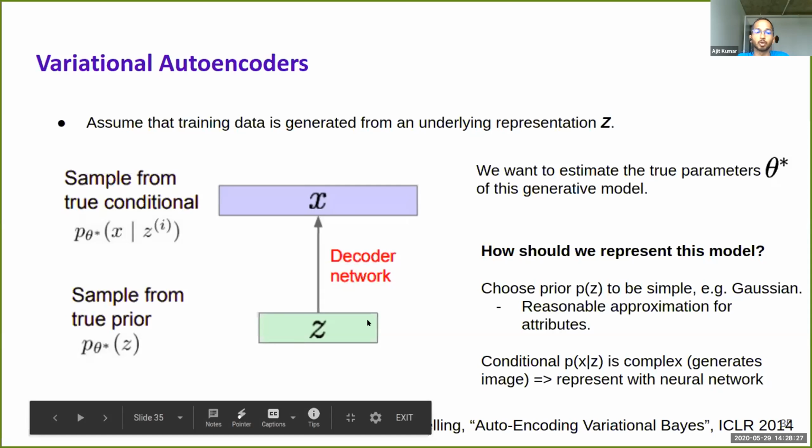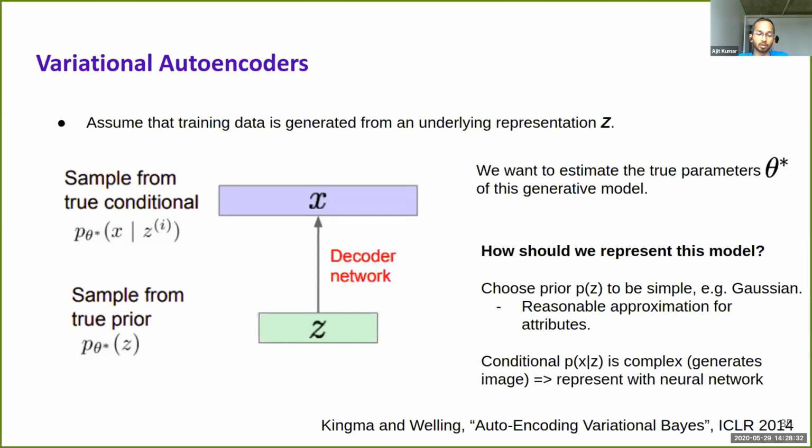We can make an approximation that the distribution of each of the features of the face images would approximately follow a Gaussian curve. Let's say, for an attribute like whether faces are smiling or not smiling, it would follow a Gaussian approximation where you have some data which is smiling, some data which is not smiling, and most of the data would lie in between.